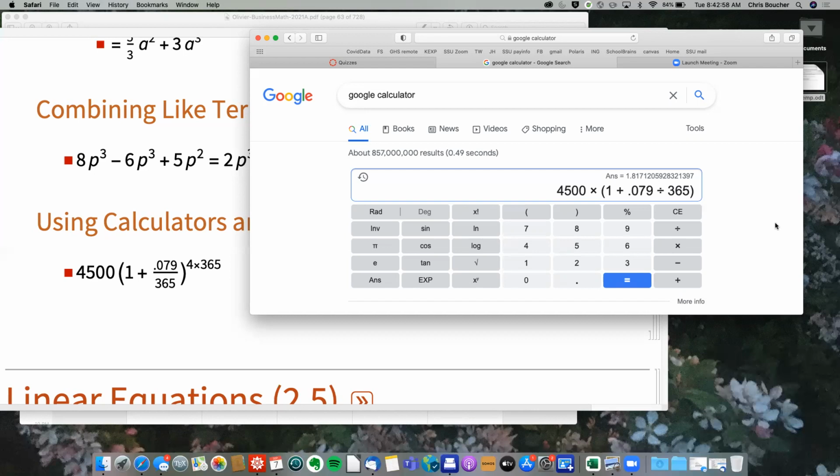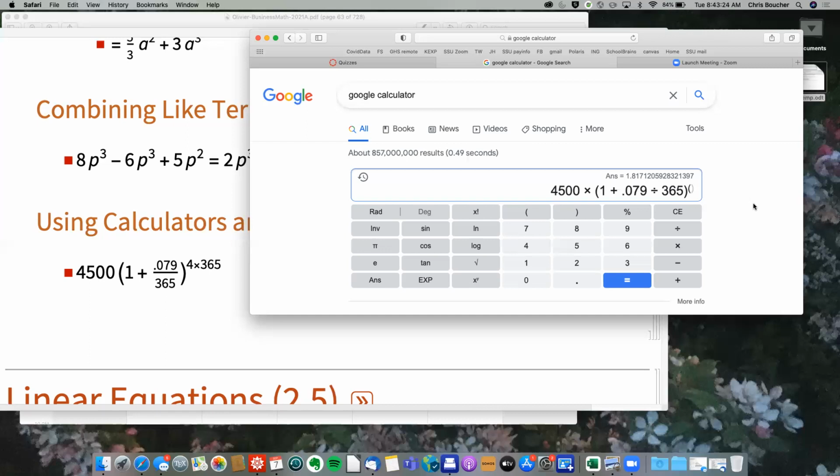Okay, so let's keep going. I want to raise this to a power, right? You can see when I hit the X to the Y on Google Calculator. Now, every calculator is a little different, so if you're using yours or a different online one, that's fine, but you're going to have to get familiar with its layout and its buttons and so forth. Okay, now I am going to use parentheses in the exponent.